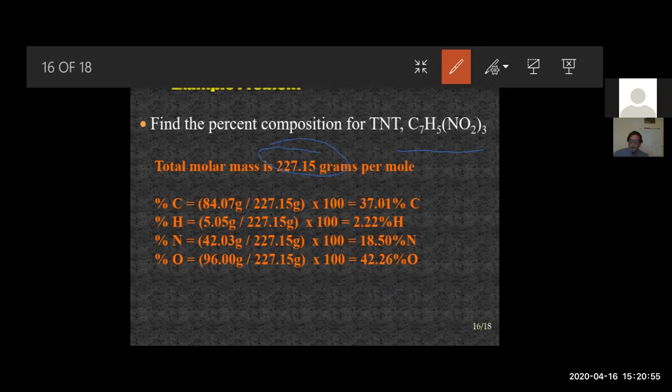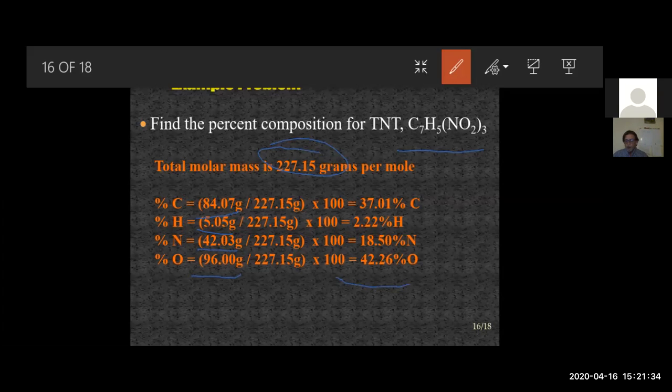Now to calculate the percent composition, we take each individual atom, the carbon contribution, the hydrogen contribution, the nitrogen contribution, and the oxygen contribution, and divide it by the molar mass, each one times 100, and we end up with the percent composition for TNT, which consists of 37.01% carbon, 2.2% hydrogen, 18.5% nitrogen, and 42.26% oxygen.